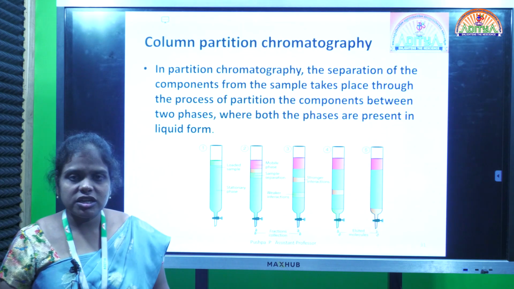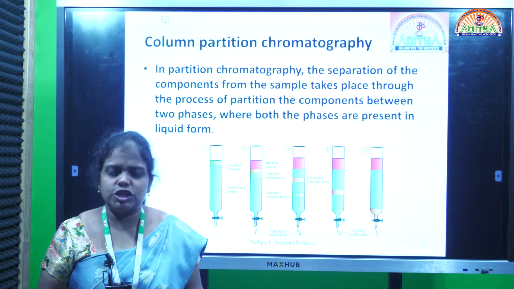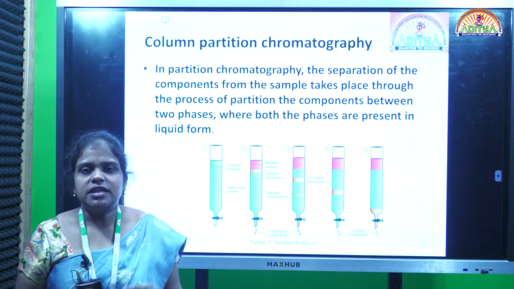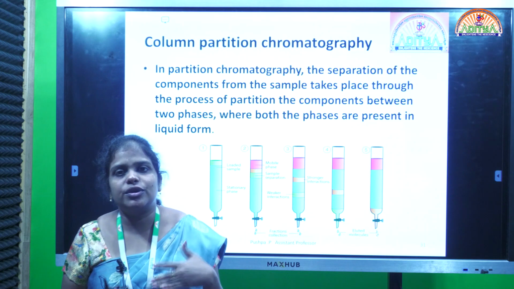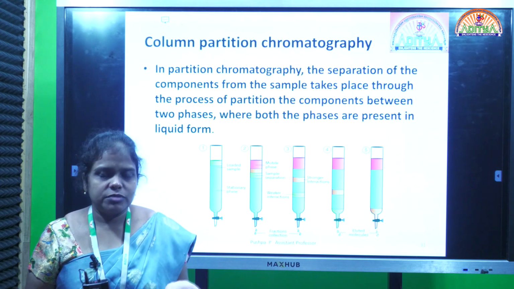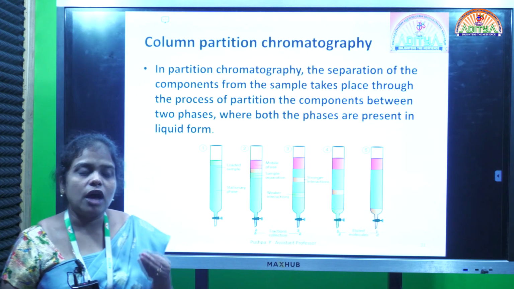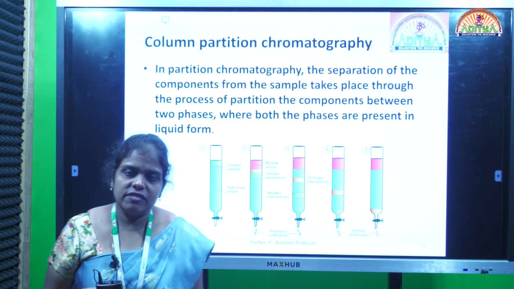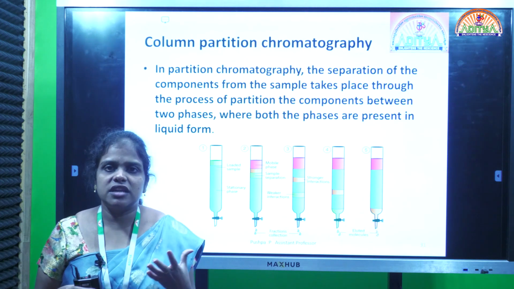In column adsorption chromatography, the separation takes place based on adsorption. That means it depends on how much affinity the sample has for adsorption on the stationary phase, and it is eluted along with the mobile phase. Whereas in partition chromatography, it depends on how much solubility the sample has in the mobile phase and how much solubility it has in the stationary phase.